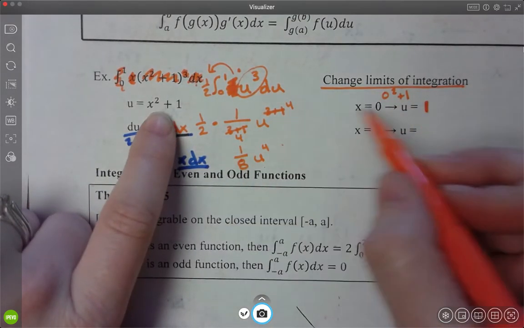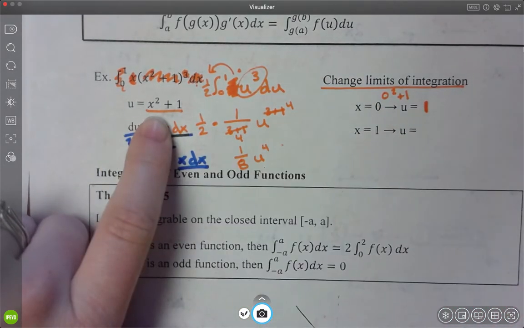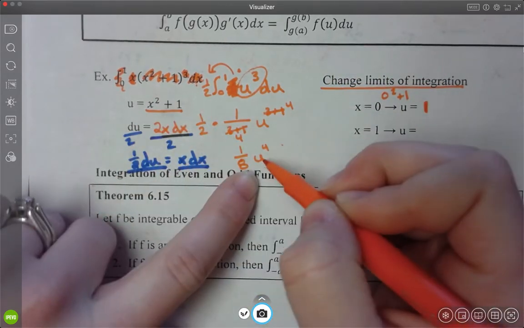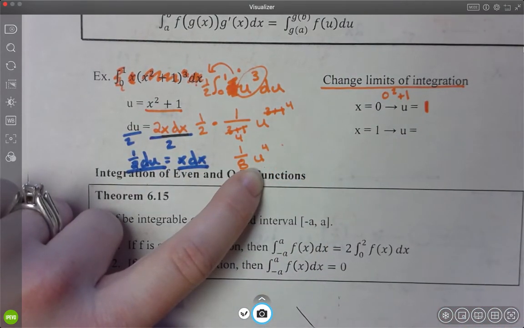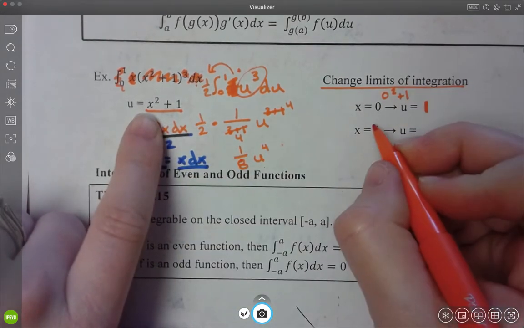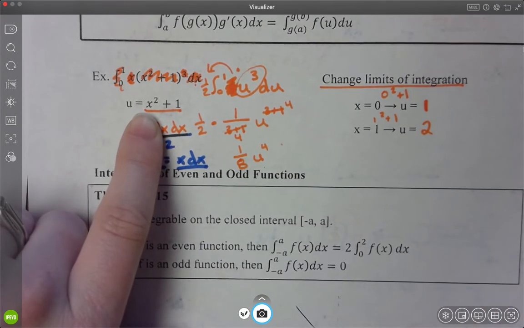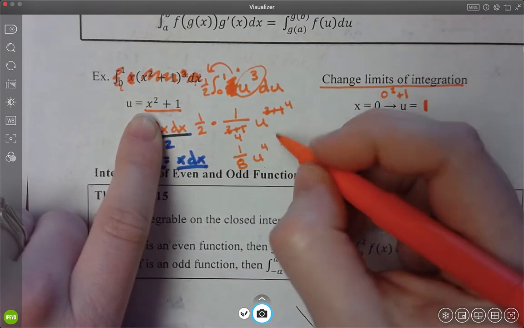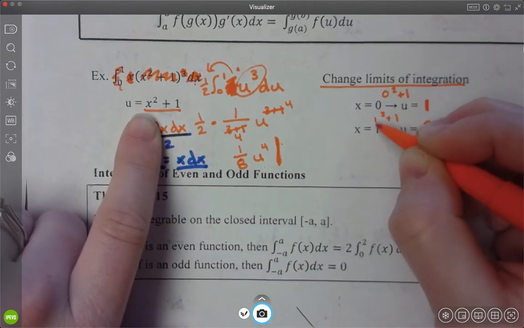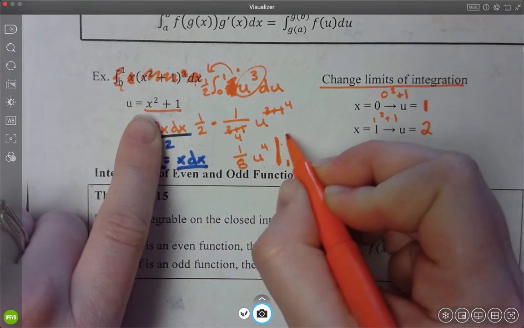So plugging these numbers, these limits, into the equation here, rather than plugging the equation back in here, is going to save me a little bit of writing. If I do the same thing for 1, this would be 1 squared plus 1, or 2. So rather than plugging in 1 and 0, or 0 and 1, my bottom number now is going to be 1, and my top number now is going to be 2.